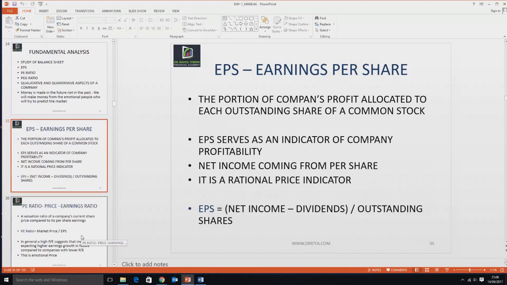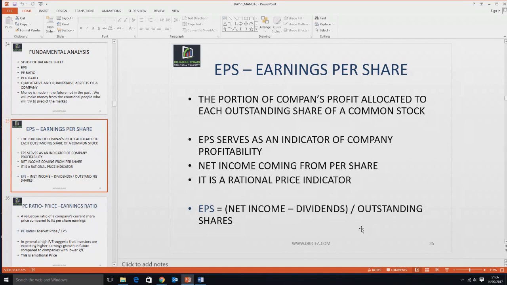So what was EPS? EPS is the earnings per share, the portion of the company's profit allocated to each share in the public market. It's an indicator of the company's profitability. And how can EPS be calculated?